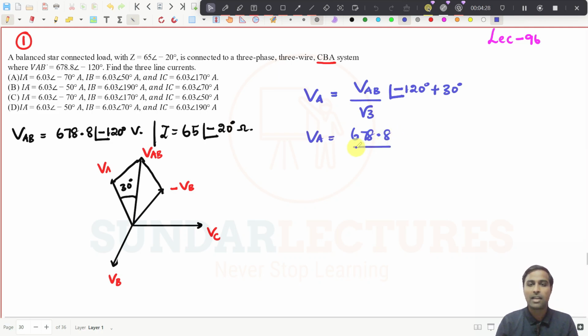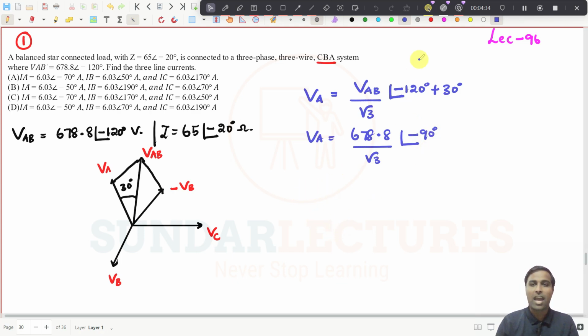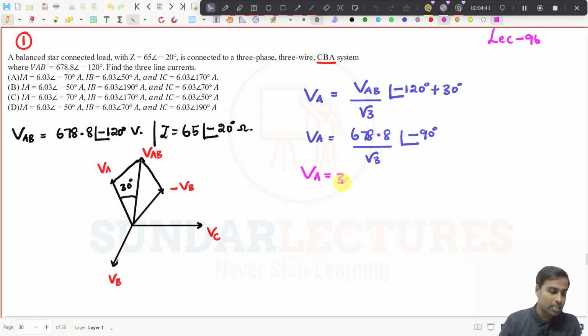Now if I simplify, VA can be written as 678.8 divided by root 3 at an angle of minus 90 degree. Simplifying, VA is 391.9 at an angle of minus 90 degree volt.